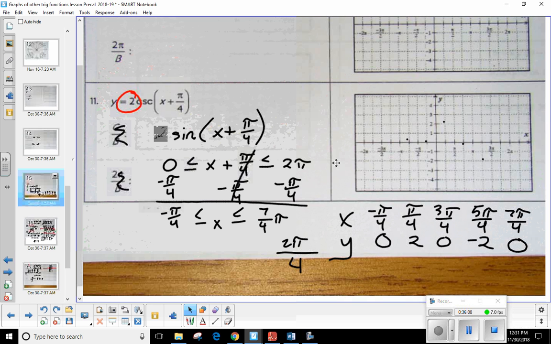See, that's 5 pi over 4, negative 2. Now the next one, 7 pi over 4, 0. Where would that be? 7 pi over 4. Sorry, my 7 kind of looks like a 2. Over 0. Here. Yes, that's exactly right. All right. Very good.